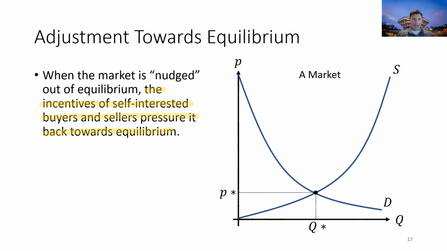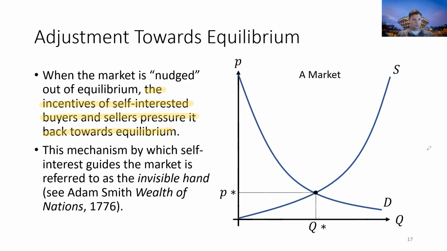Okay, what we're looking at is Adam Smith's invisible hand result. This is the mechanism by which self-interested agents, right, guide the market to an allocation that has some desirable properties. Okay, this is exactly that mechanism. So I want to be clear. The lesson here is not we don't need government.